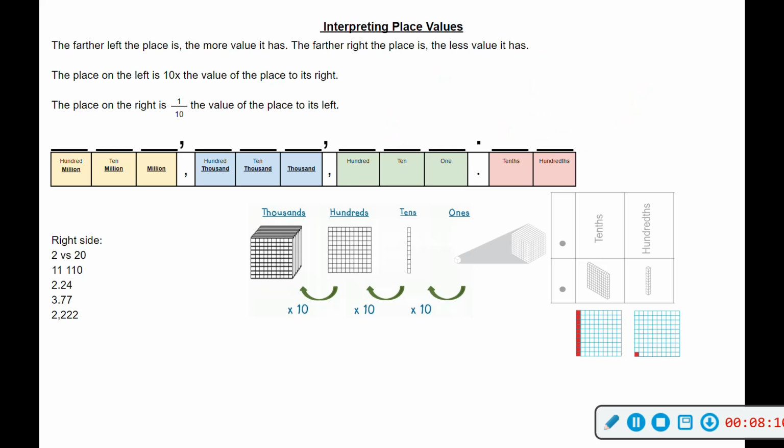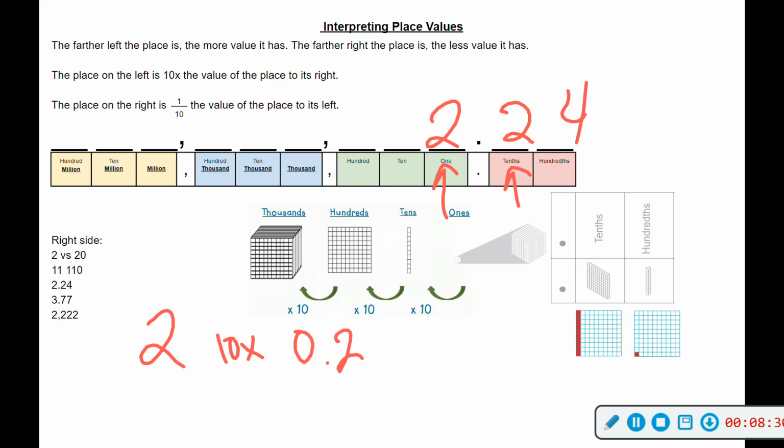I can also do this number, 2 and 24 hundredths. I can compare the 2 in the tenths is 1/10 the value of the 2 in the ones. Similarly, I can do 2 is 10 times the amount of the 2 in the tens.